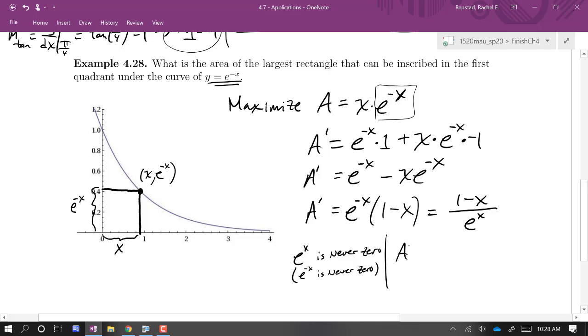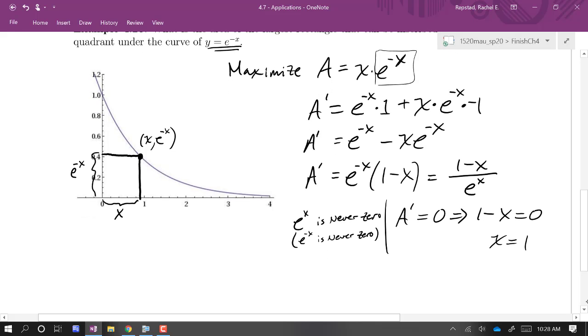So when I'm trying to figure out where my critical values are, I'm just looking at 1 minus x. So 1 minus x is 0. Clearly when x is equal to 1, we have a single critical value.